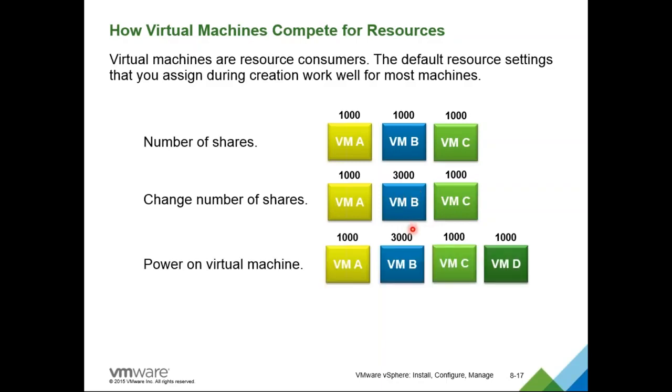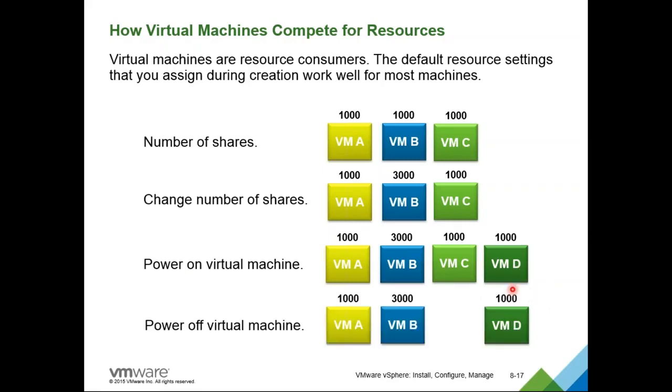So this you can customize. When you power on a virtual machine, if you want to power on a fourth machine with the same resource, you can power it on. So you can power on virtual machines with these resources.